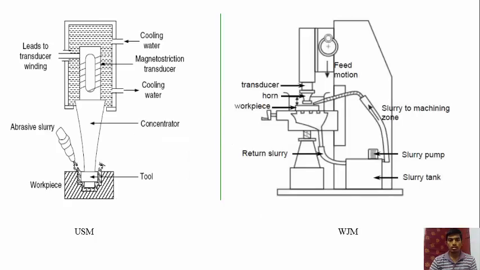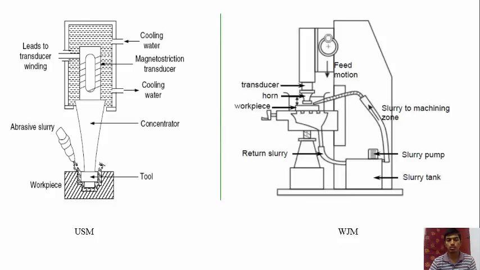So let's see brief photographs and diagrams of the NTM, non-traditional machinings. Towards the left we can see ultrasonic machining, where high frequency is given to the transducer, and it vibrates at high frequency.